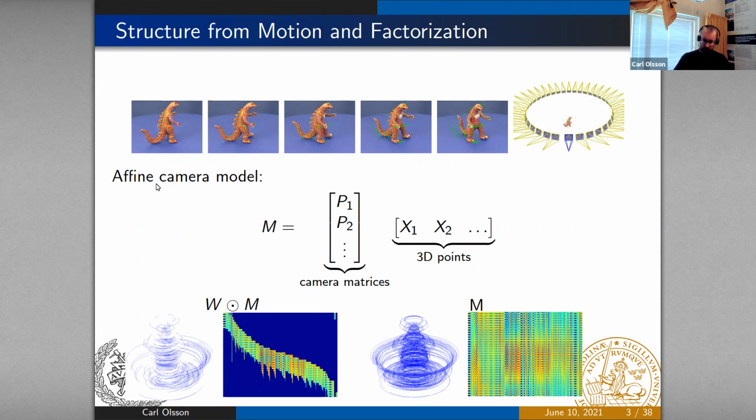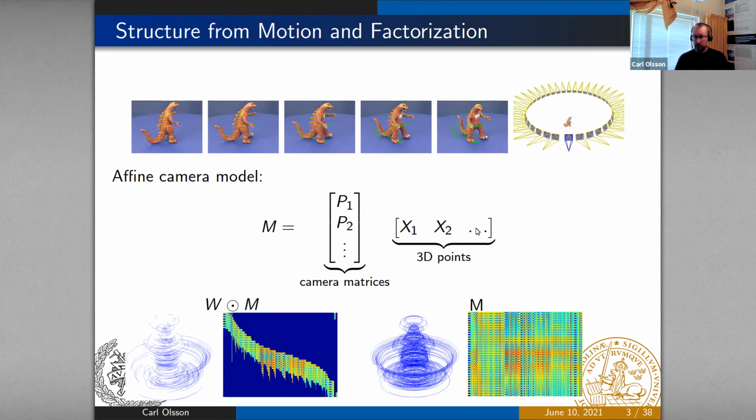If I have something which is called an affine camera model, which I don't really have time to go into, but it's roughly like an orthogonal projection, except you can have scalings and skewing and things like that. If that's the case, then the measurement matrix factorizes into two parts. One part which consists of information about the cameras, and one part which consists of information about the 3D points.